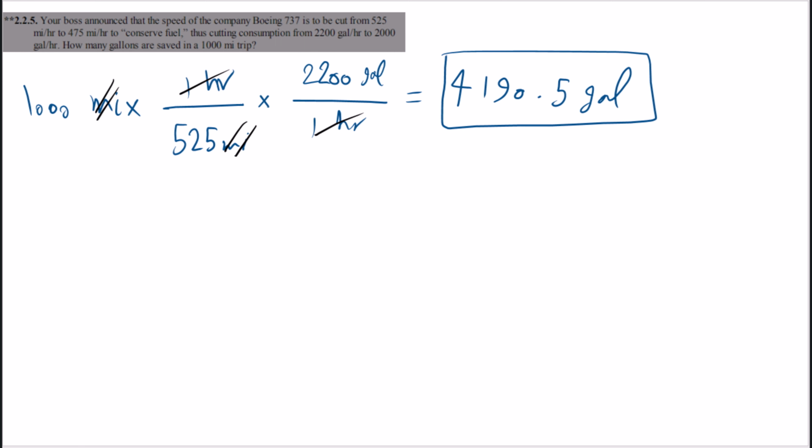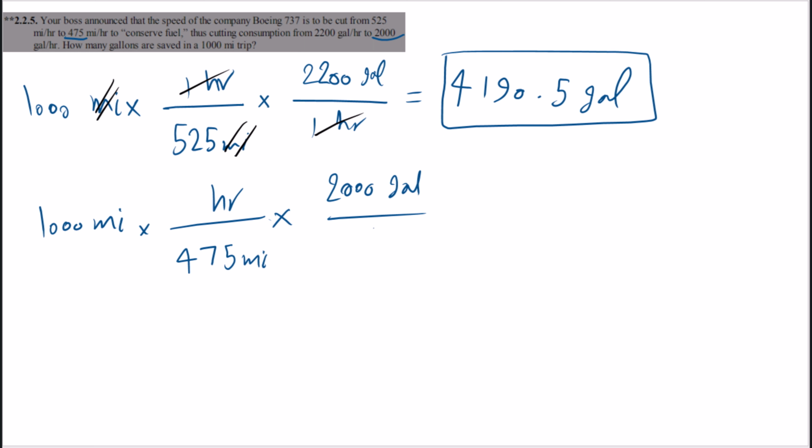How about the next situation? We'll do the same, but instead of 525, we use 475 miles per hour. It says that in this condition, 2,000 gallons per hour will be used.